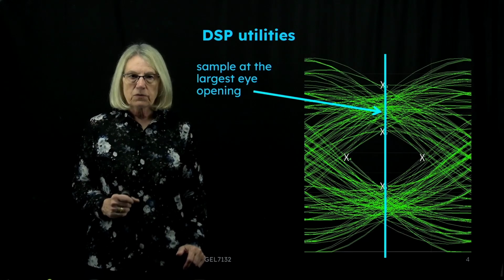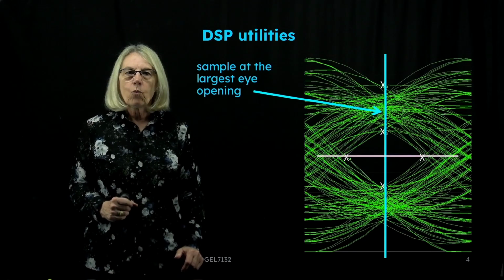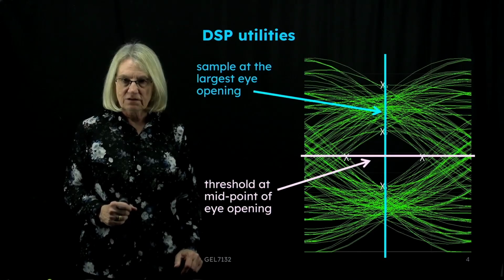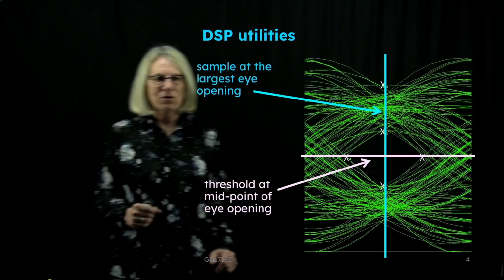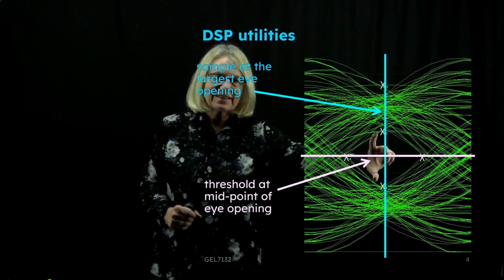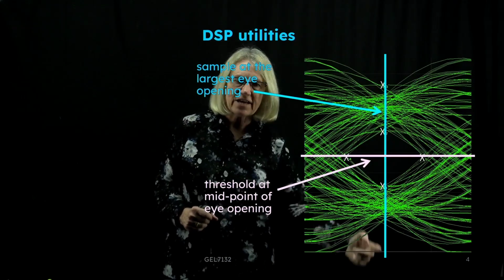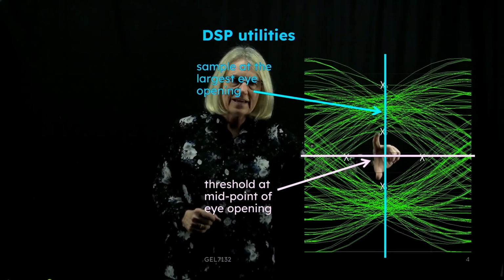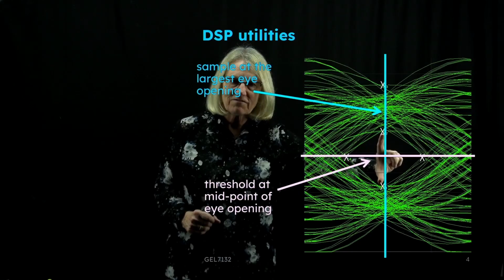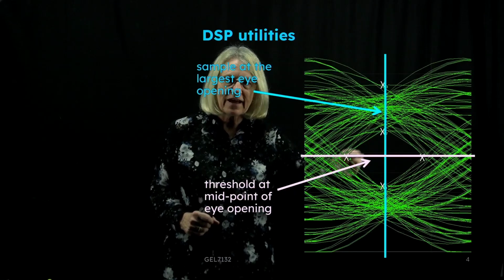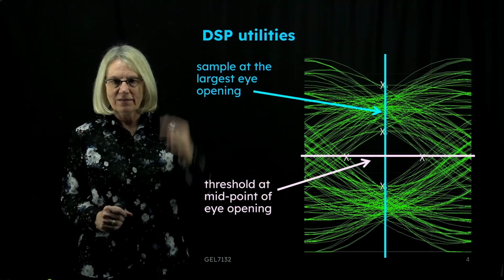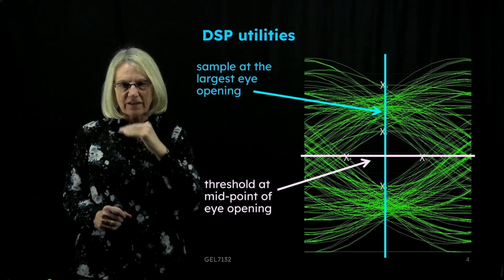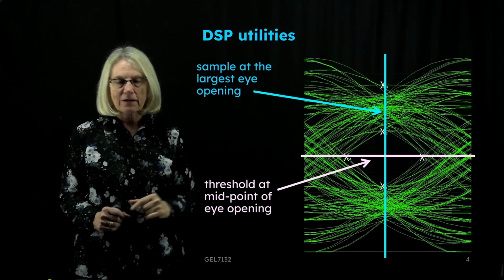And another thing that we're going to look at is the separation between the 0 and 1. So now I'm looking at this height. This is the location of the maximum eye opening. Here is the amount of the eye opening, and here this pink line is the midpoint of this open eye. The high part of the open eye, the low part of the open eye, where's the middle?